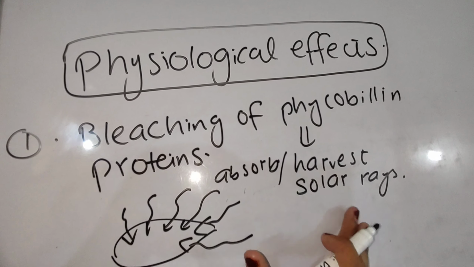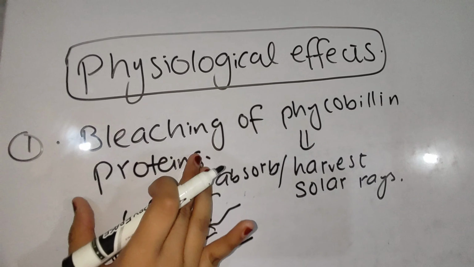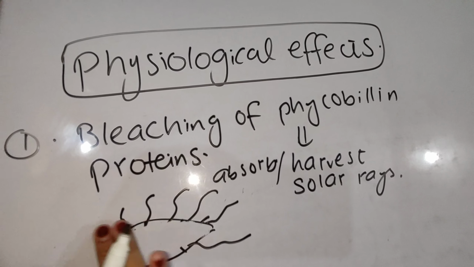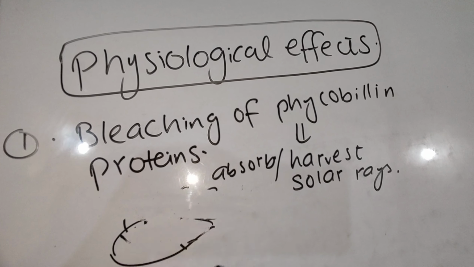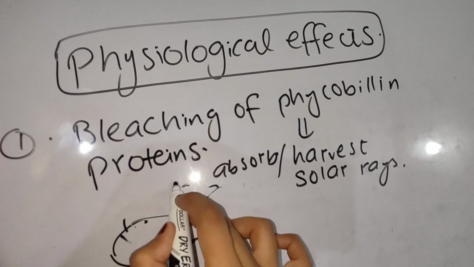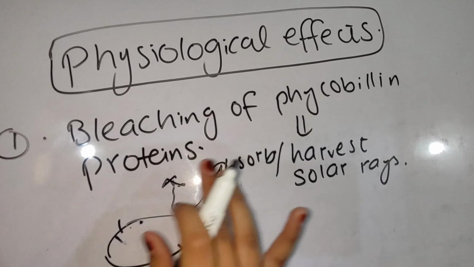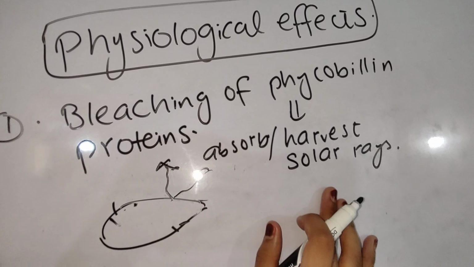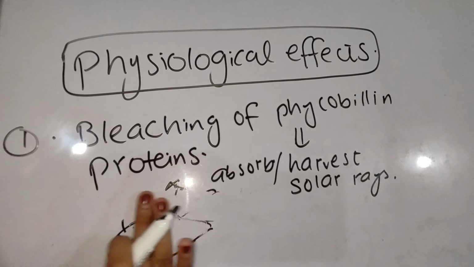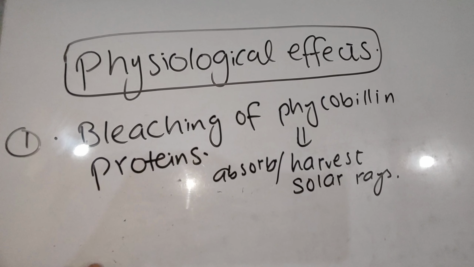So what the plant does is remove phycobilin proteins, and this leads to the reflection of solar rays and not absorption. When the rays come, they go back because there is no phycobilin protein and no solar ray harvest. So this could be an adaptation of the plant and also a physiological change.